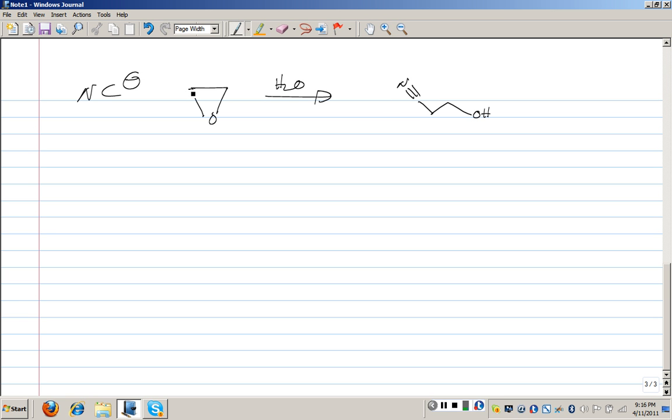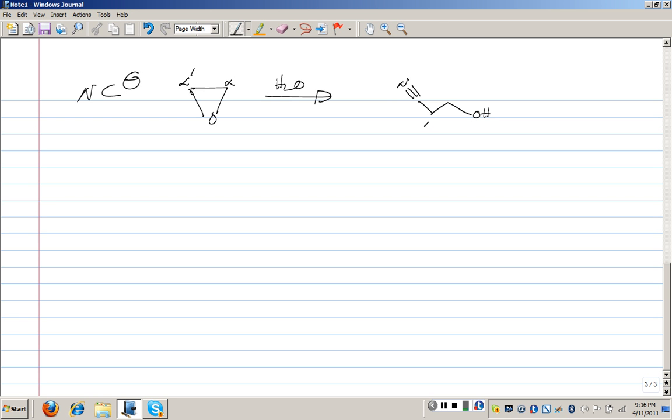I have 2 methylene groups that are bound to an O. Here's one methylene group, here's another methylene group, and that's bound to an O. So in a sense, if this is alpha, and they're both alpha, this is alpha prime, I can say that what's happened is I made a bond between the carbon of the cyanide and the alpha prime.